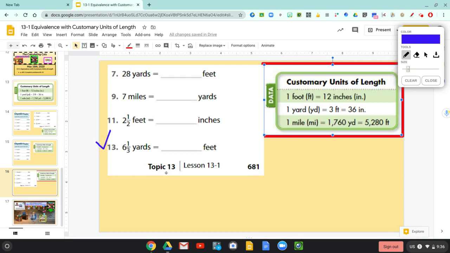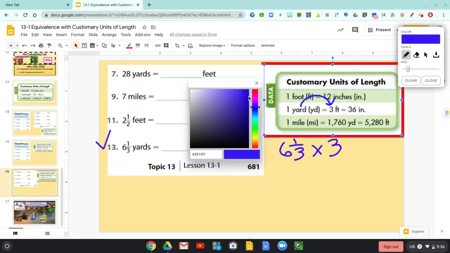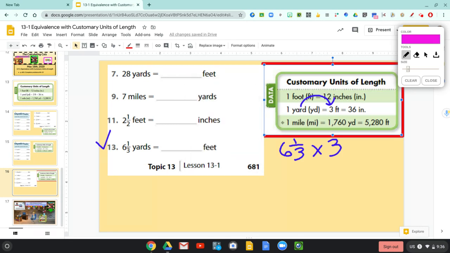So 6 1/3 yards is how many feet? So we're going from yards to feet. So my magic number is 3. So I've got 6 1/3 times 3. So if you haven't done this problem yet, please pause the video and try this out. We're going to use the distributive property just like we did in number 11. So remember, you're going to take 6 times 3.